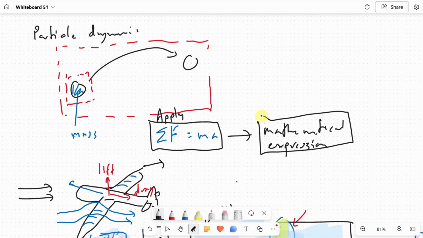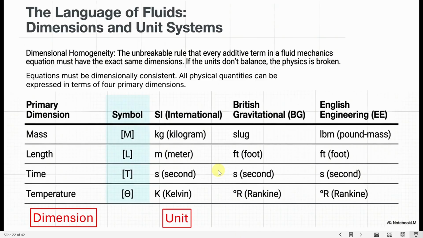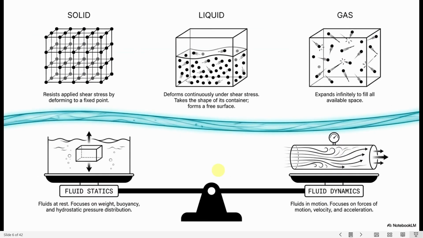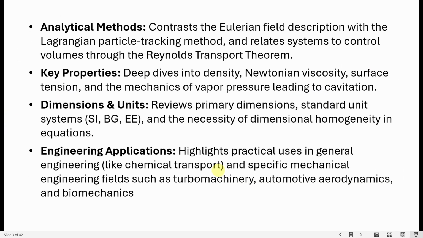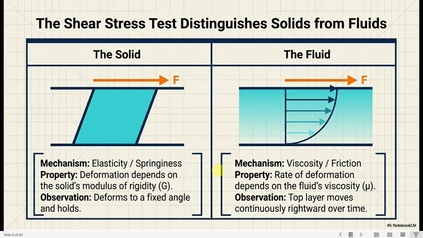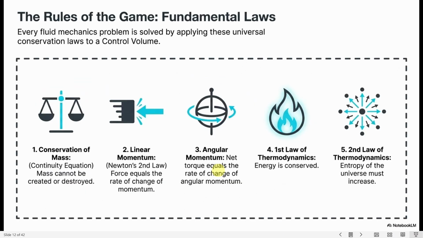And most of the basic laws that we have discussed: the conservation of mass, the conservation of linear momentum, the conservation of angular momentum, the first law of thermodynamics, or the energy equation, and the second law of thermodynamics.